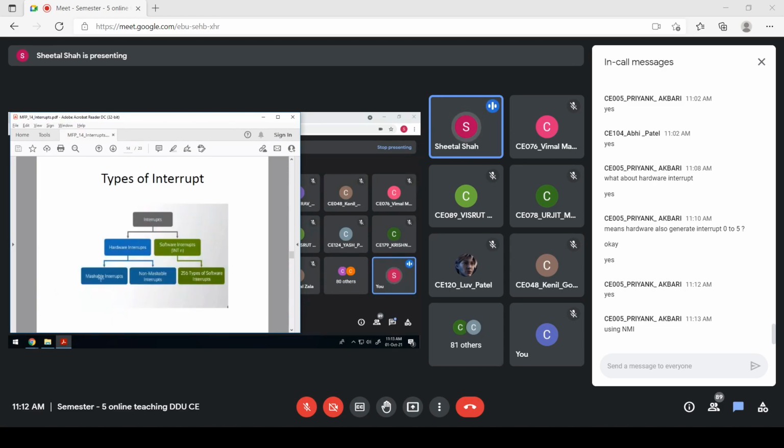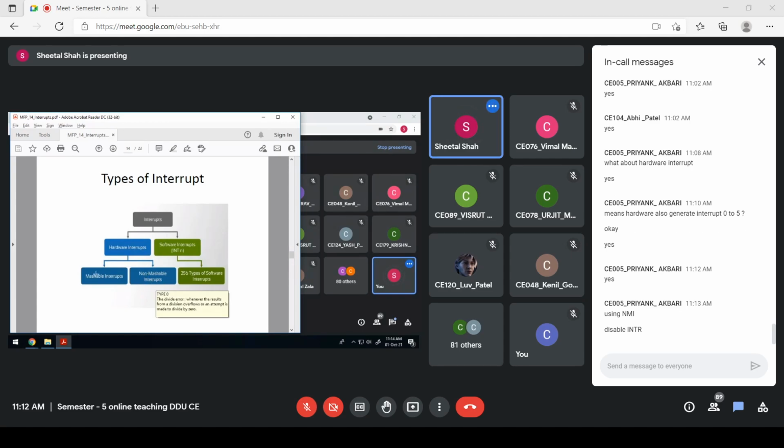Maskable interrupts are the interrupts which are generated at the INTR pin, whereas at the NMI pin you cannot mask or disable the interrupt. That is a non-maskable interrupt. My question is, how will you disable that?